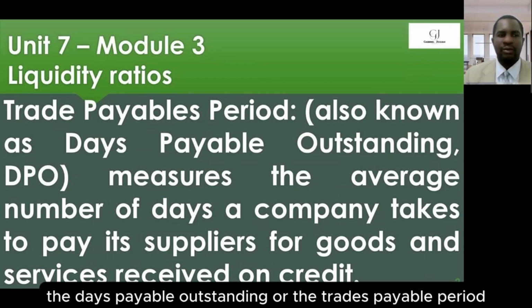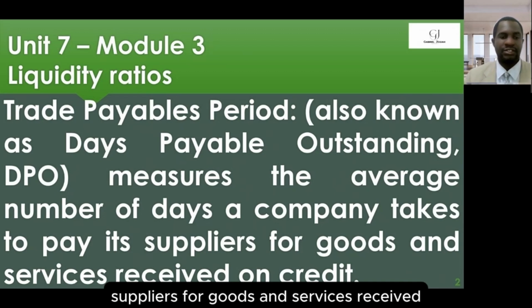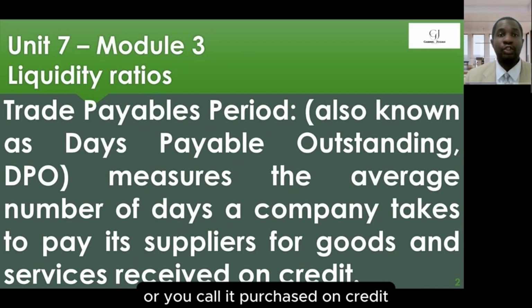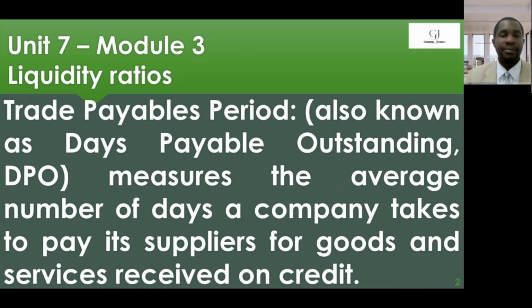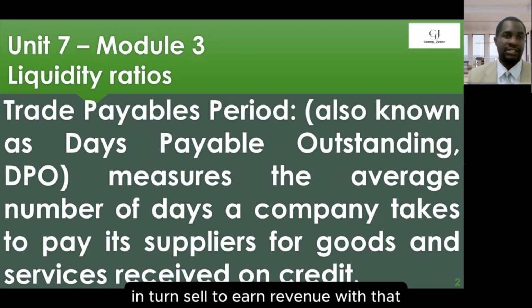The days payable outstanding, or the trade payables period, measures the average number of days a company takes to pay its suppliers for goods and services received, or purchased, on credit. Companies purchase goods or services on credit to in turn sell to earn revenue.